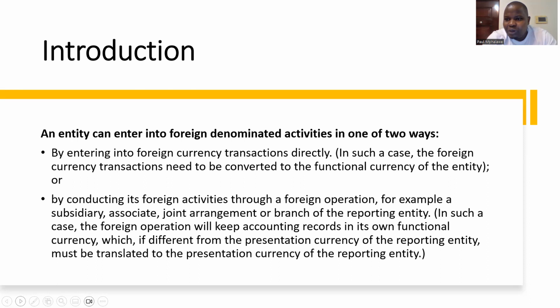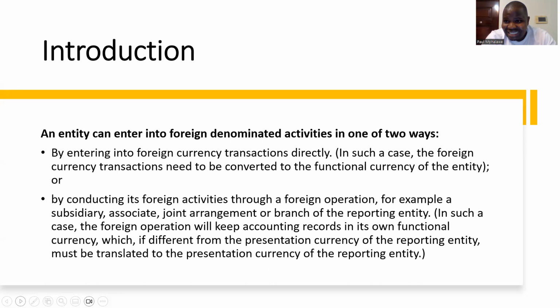In simplest terms, what I was saying is that suppose a Malawian origin company, which has a functional currency, the Malawi kwacha, has a subsidiary in Mozambique, where they trade using the metical.